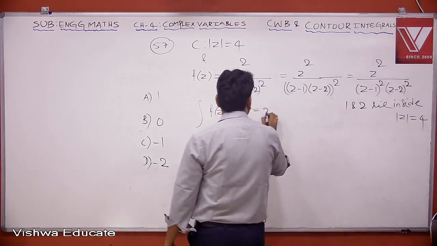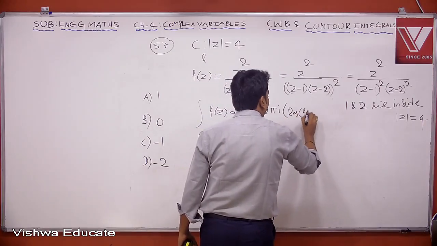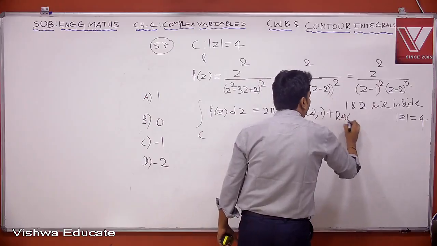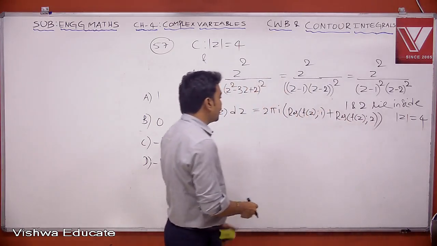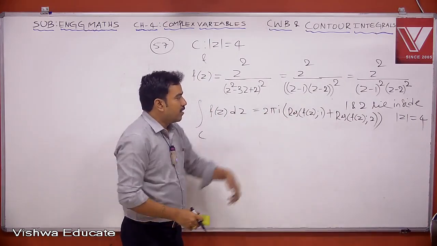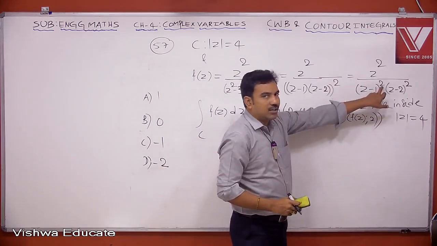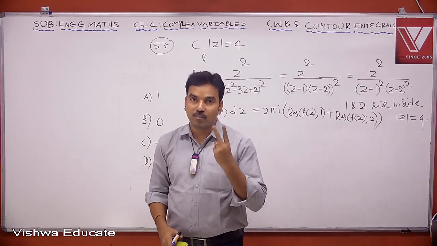Therefore this becomes 2 pi i into the residue of f of z at 1 plus the residue of f of z at 2. So this is my value. The integral is 2 pi i into residue at 1 plus residue at 2. But 1 is a pole of order 2, and 2 is a pole of order 2. So we need to apply case 2 for both the poles.